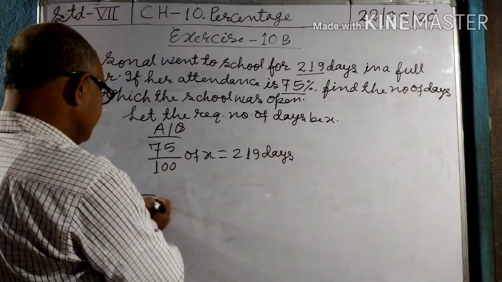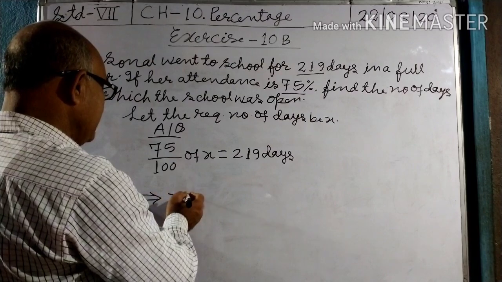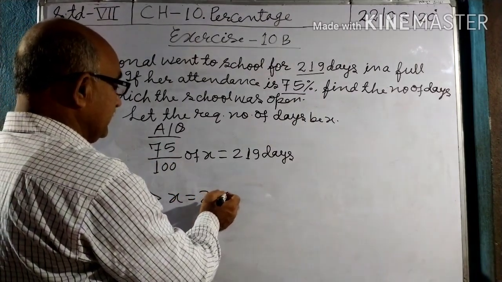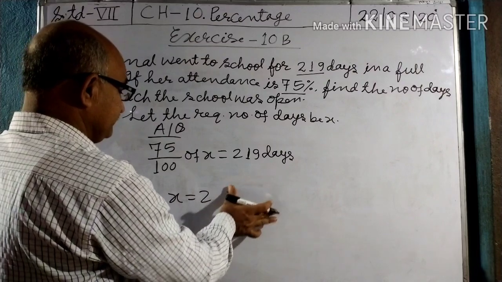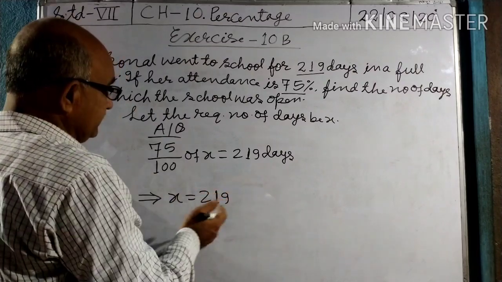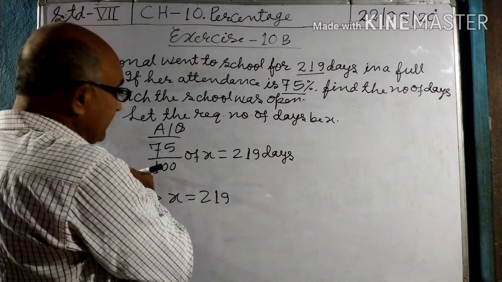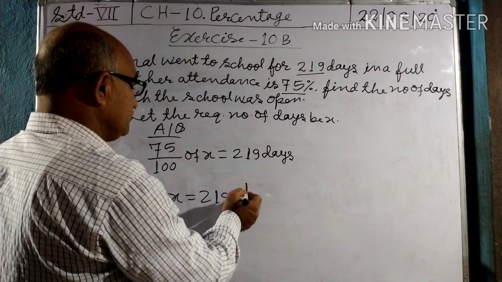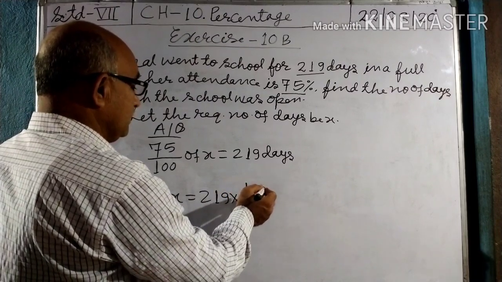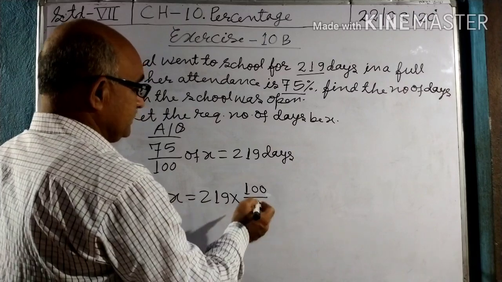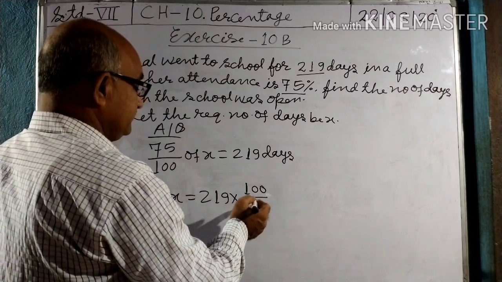That implies x equal to 219, 75 by 100, by transposition change into 100 by 75. So divide it.